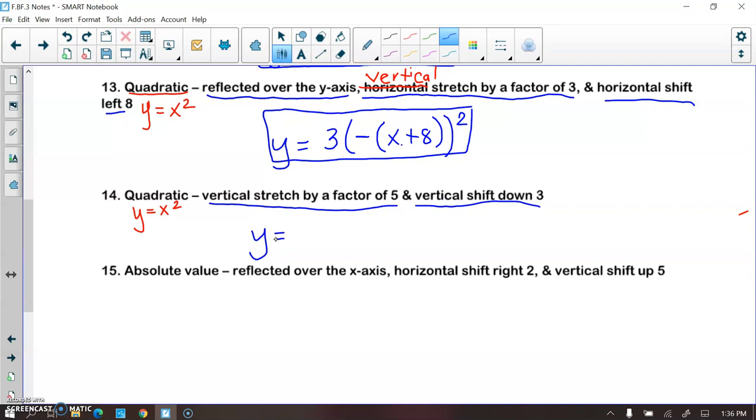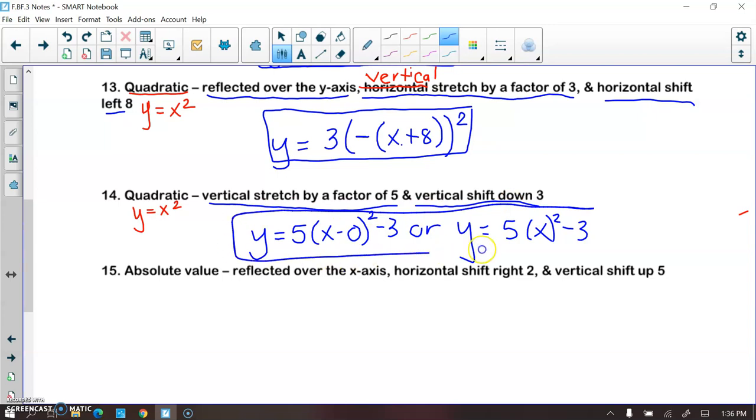You can write y is equal to 5 times x minus 0 squared minus 3, because we're not doing a horizontal shift, so my horizontal shift is 0 units. Or you can write it as y is equal to 5 times x squared, like this, minus 3. I don't care which one you do. And then the last one.